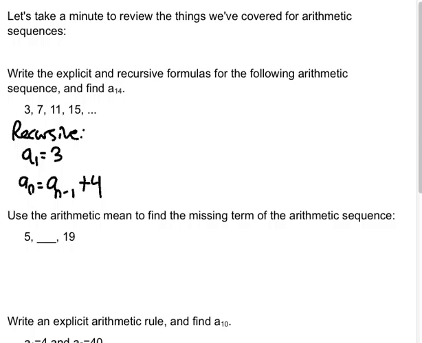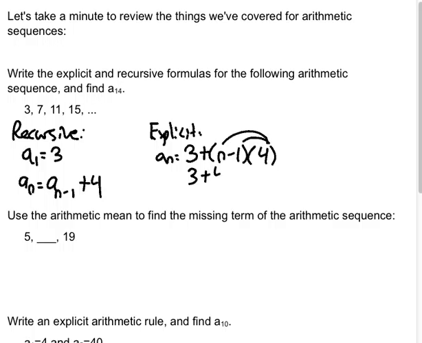All right. I know it's been a while since we've done anything with recursive formulas, but make sure you're remembering that this is where the chapter began. And obviously, explicit, you've continued to work with quite a bit. First term plus n minus 1, and then your d is 4. So remember, when you're actually writing out the explicit formula, n is your variable. So distribute the 4, so you get 3 plus 4n minus 4.